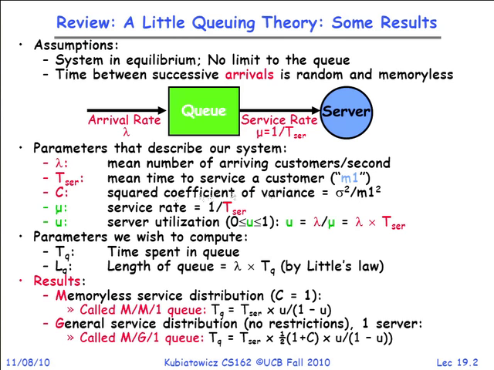So where do you get c from? The cutesy answer is you find out what your standard deviation squared over your t ser squared is, and that would give you c. In reality, you often find out that you have a server that behaves with c equals 1, or c equals 1/2, or c equals 0. That's often given to you as a constraint on the server. The two you should really know well are c equals 0, which is what?